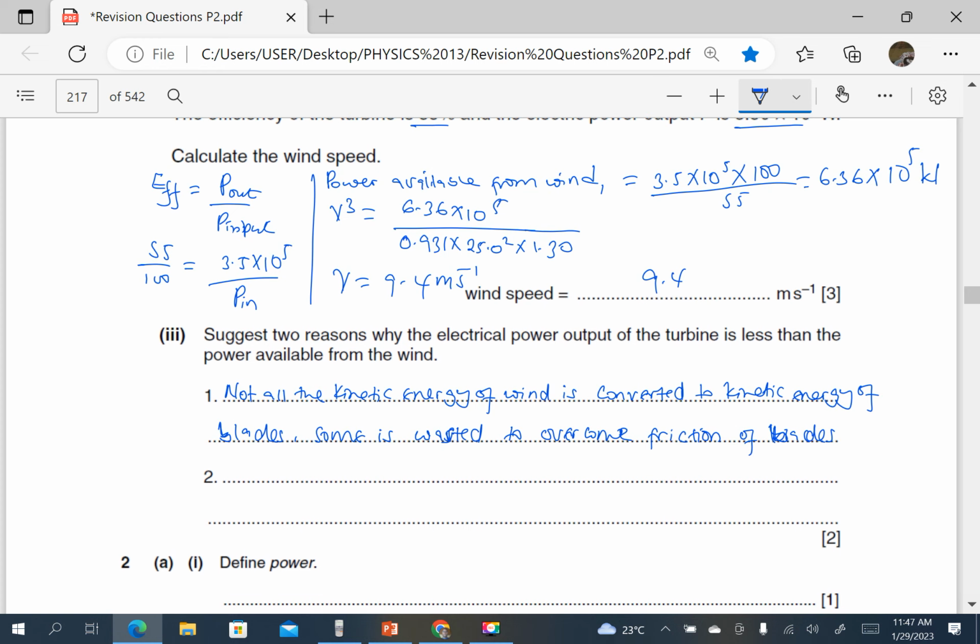Number two, generator conversion. Of course, the generator may not be 100% efficient, because it may end up producing some heat.